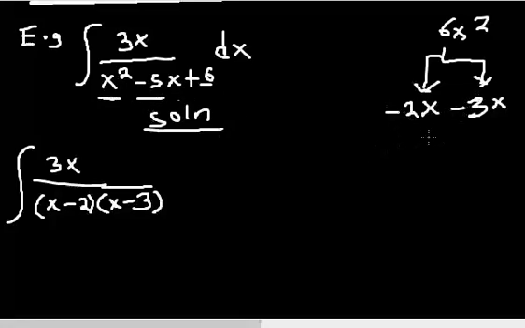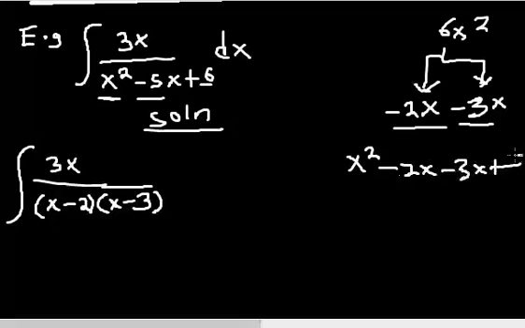So by the time I take these factors, minus 2x and minus 3x, into this quadratic expression, I'm going to have x squared minus 2x minus 3x, then plus 6. Then I can factorize the two binomial expressions.